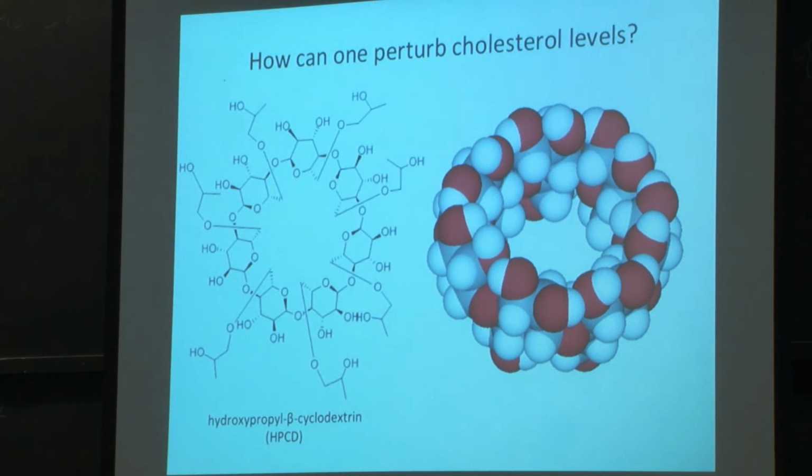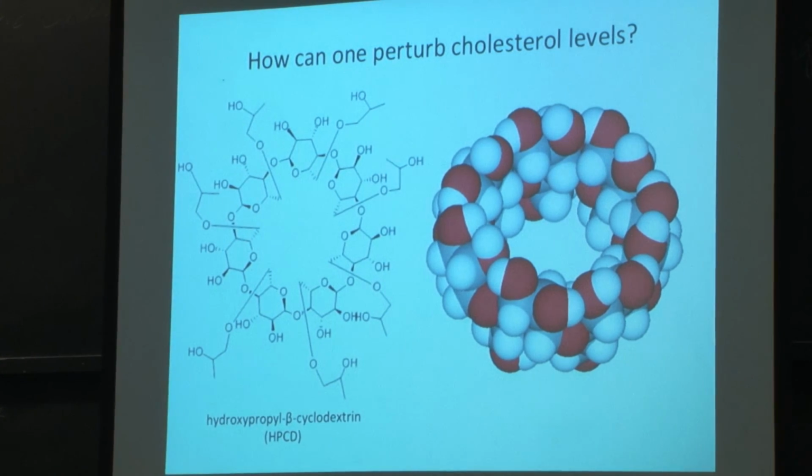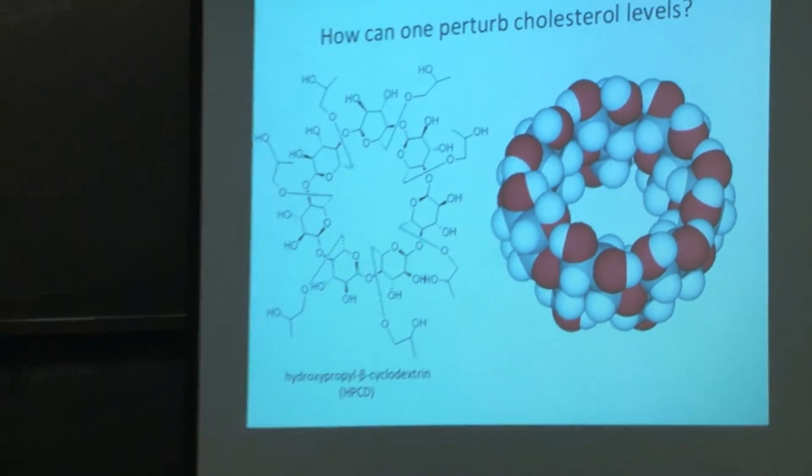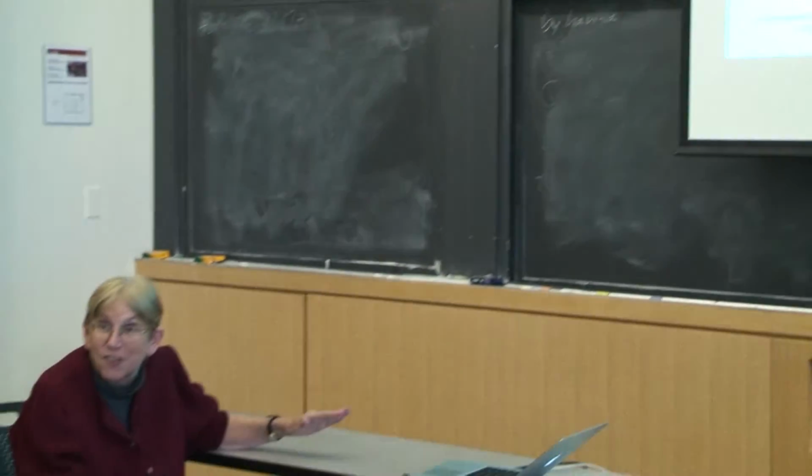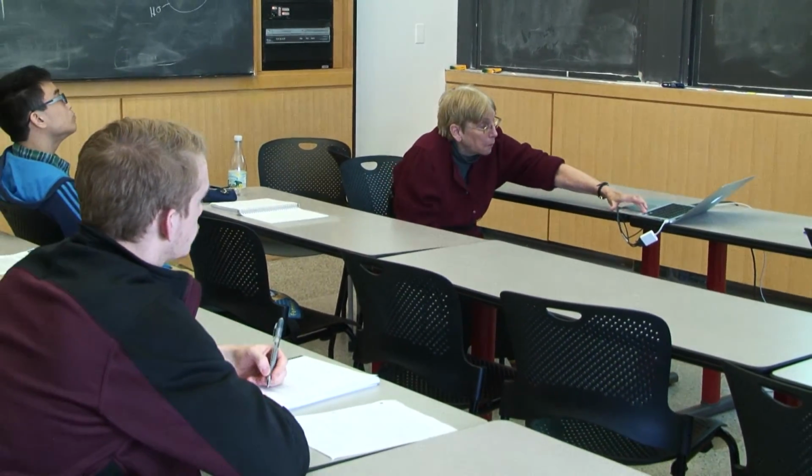They have very different properties for binding and releasing cholesterol, which somebody had to study a lot to ensure that they could use it to remove cholesterol and then add it back to the media. So you have to think about the exchange kinetics. You have to think about a lot of things. This is not trivial to set up to figure out how to control the levels of cholesterol.